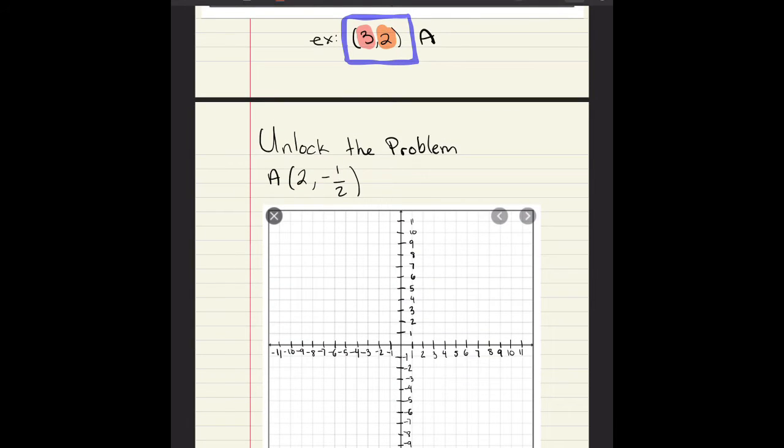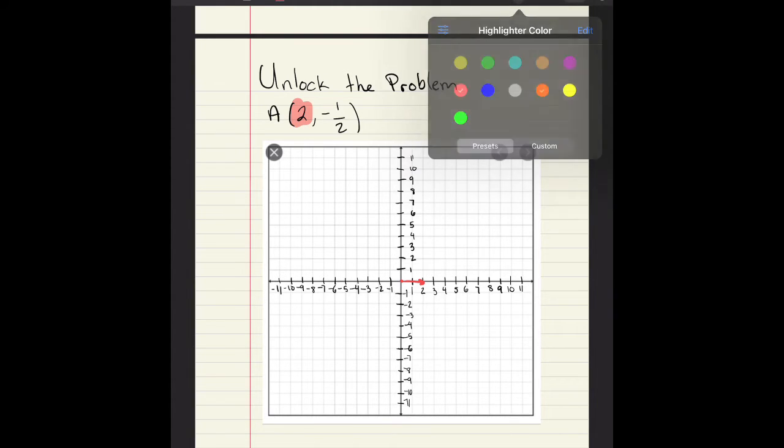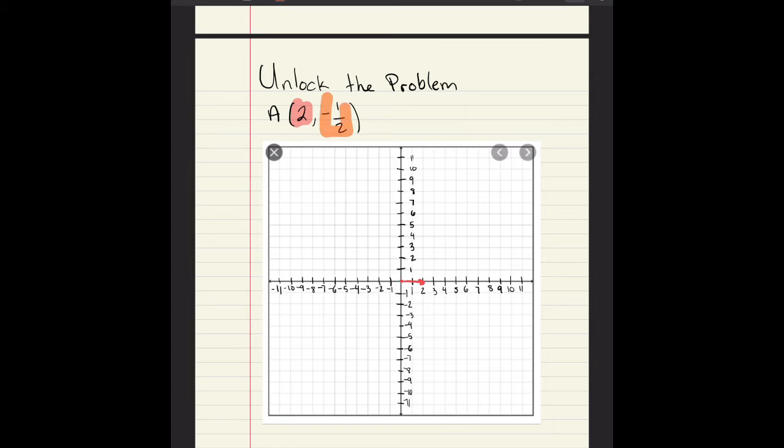All right, so my x-coordinate is 2. So I'm going to start by moving over to -2. No, it's not -2, it's +2. So I'm going to start by moving to 2. Start at my origin and move to 2. And then my y-coordinate is -1/2.